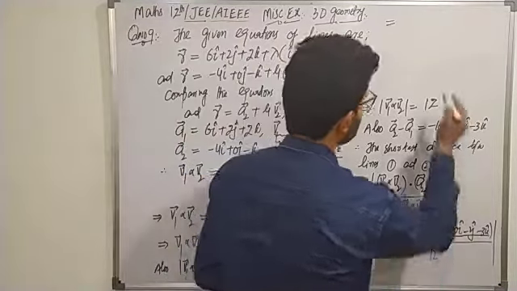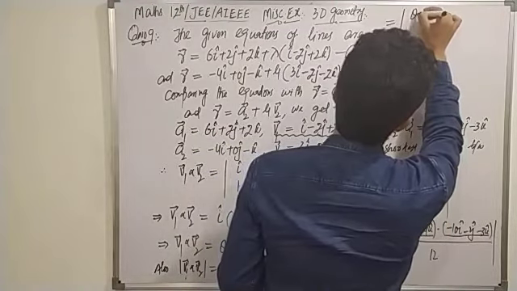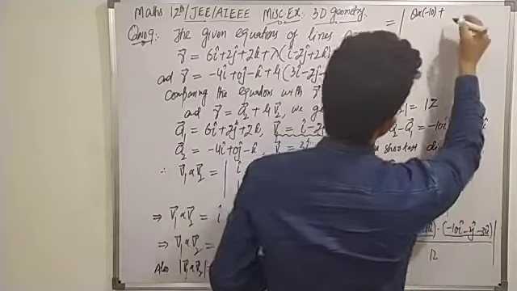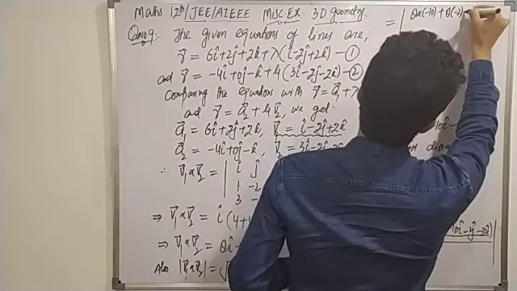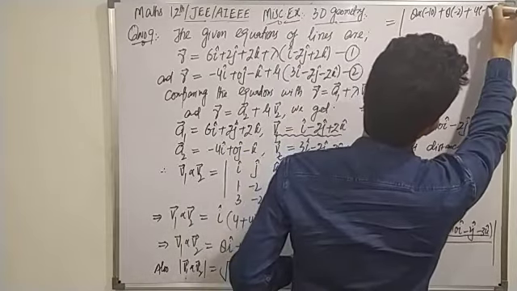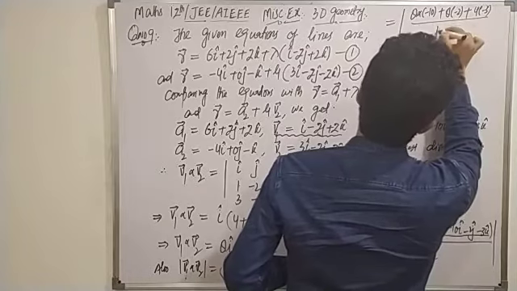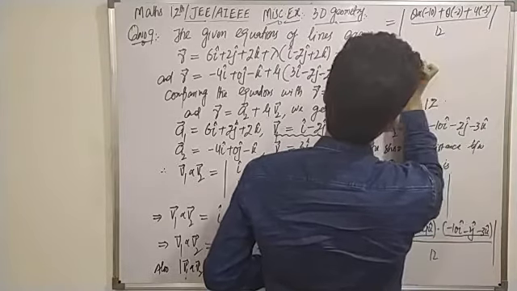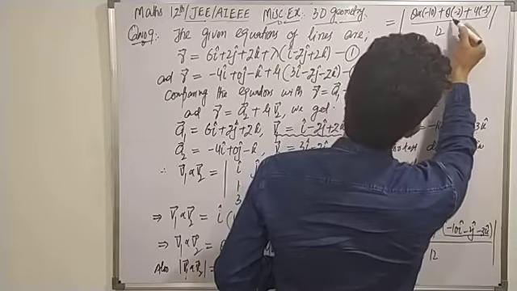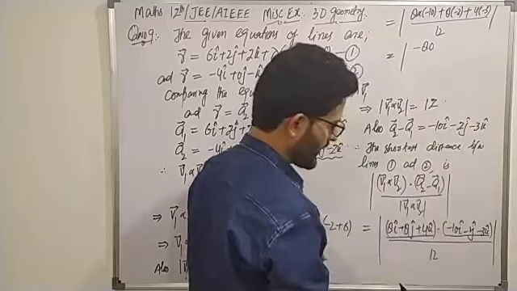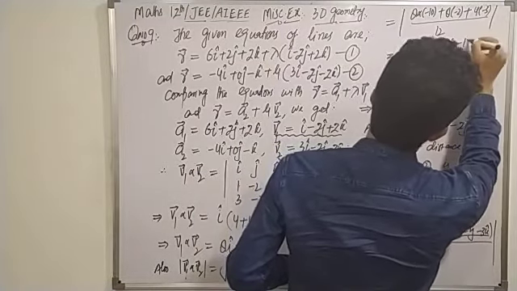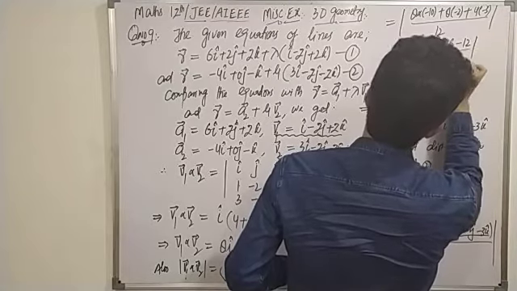So mod of 8 into minus 10 plus 8 into minus 2 plus 4 into minus 3, divided by 12, and that's equal to mod of, 8 into minus 10, that's minus 80, 8 into minus 2, that is minus 16, 4 into minus 3, that's minus 12, divided by 12.